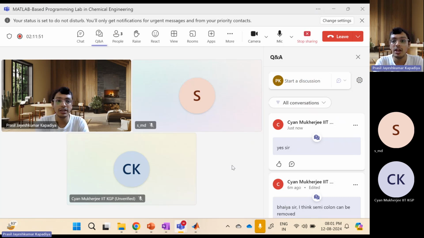Those kinds of equations can't be solved using the roots command. So we solved that problem using these three functions, and then we took some previous year assignment problems and learned how we can use fsolve and fzero commands.